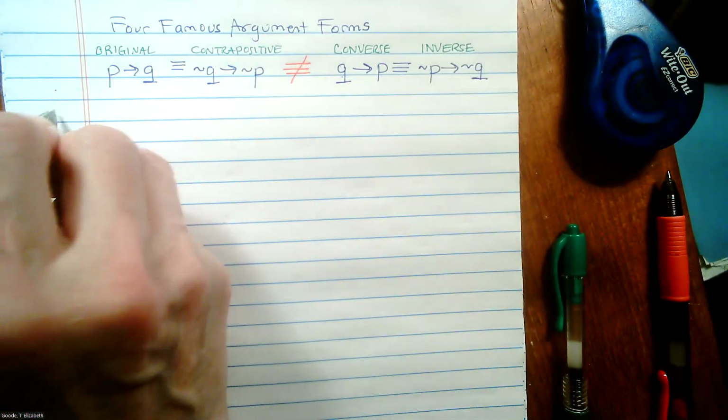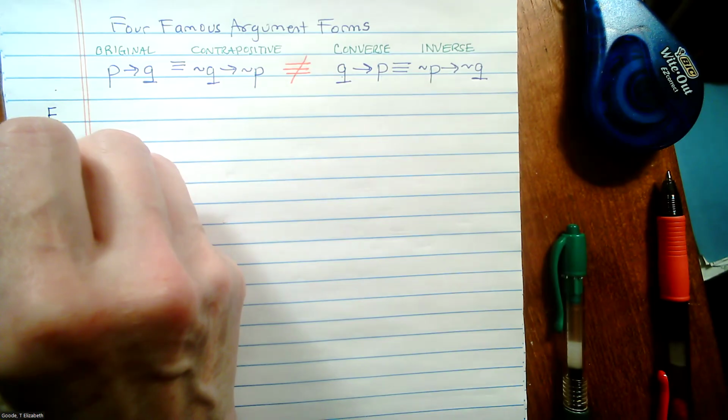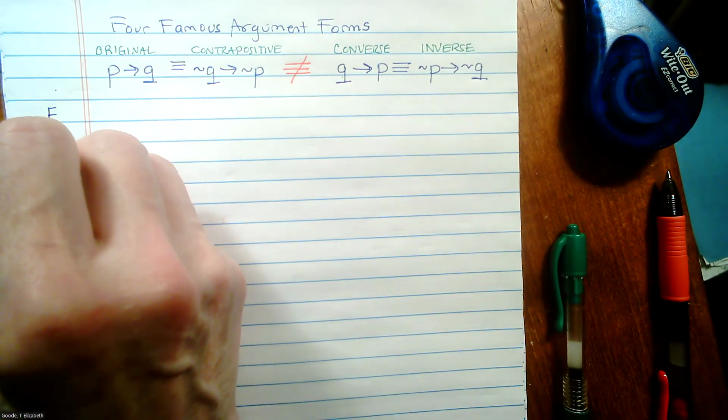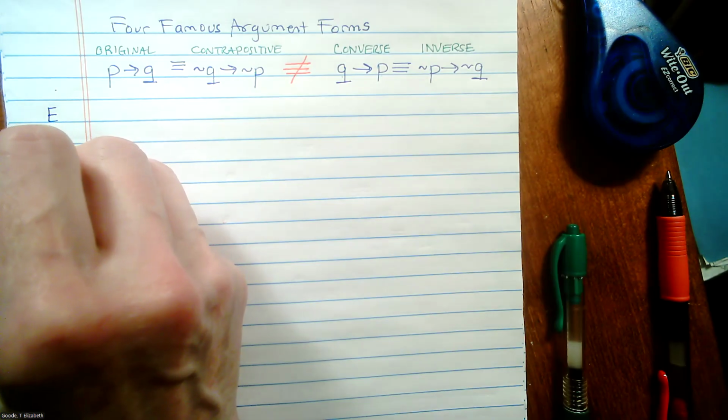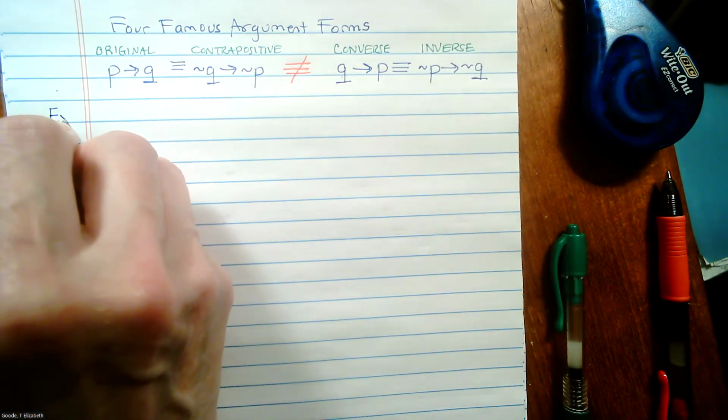Anyway, let's look at an example. Since I'm building these notes on the fly, I'm just trying to make sure I put stuff in order. I think it's going to be example 5.